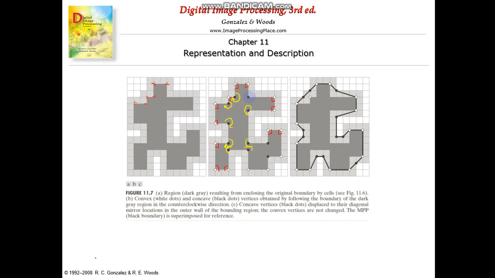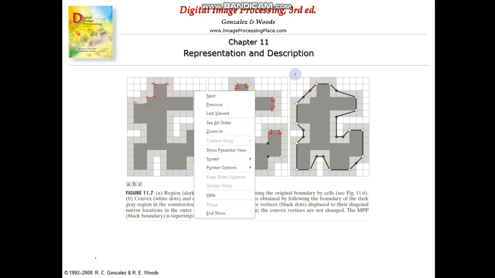Now let convex vertices be there, and for the concave vertices, you displace these concave vertices to the mirror boundary. They have a mirror location.